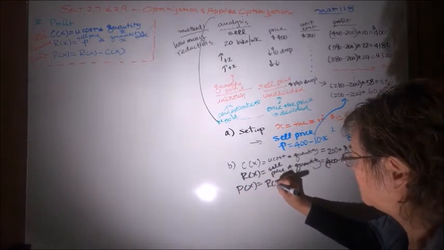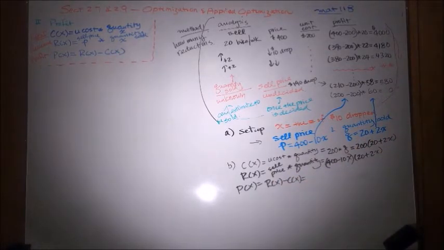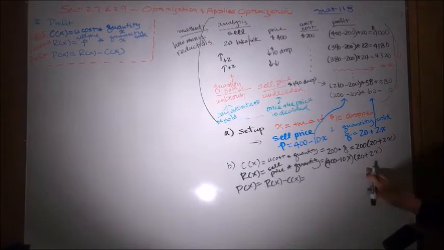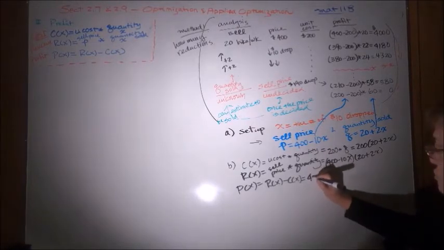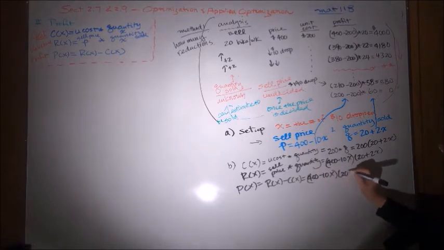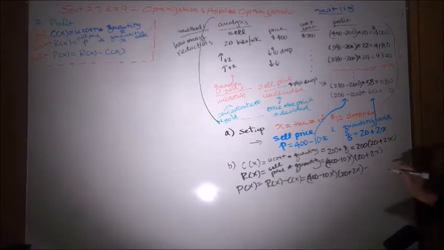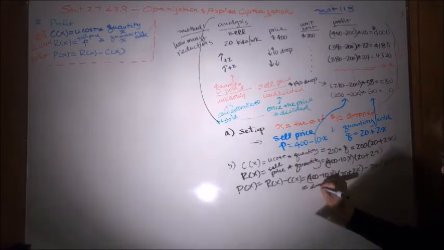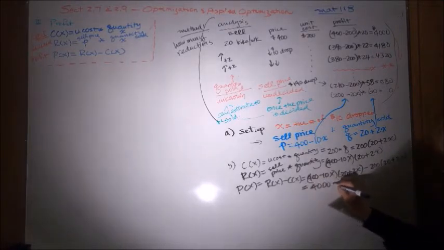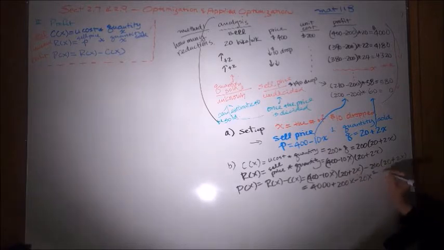Then your profit would be your revenue minus your cost, right? So you use (400 minus 10x) times (20 plus 2x), minus your cost. Is that right? Then we just simplify. It's 4,000 plus 200x minus 20x squared.